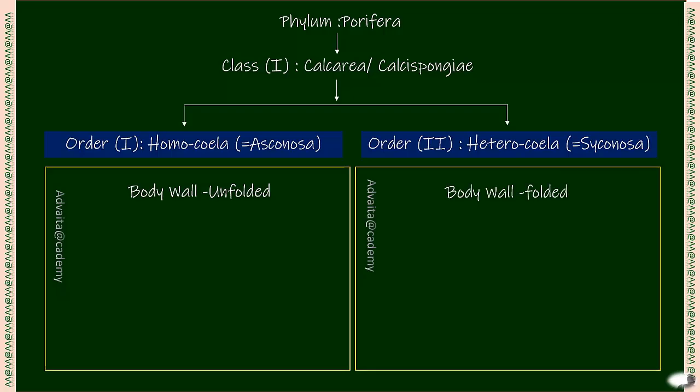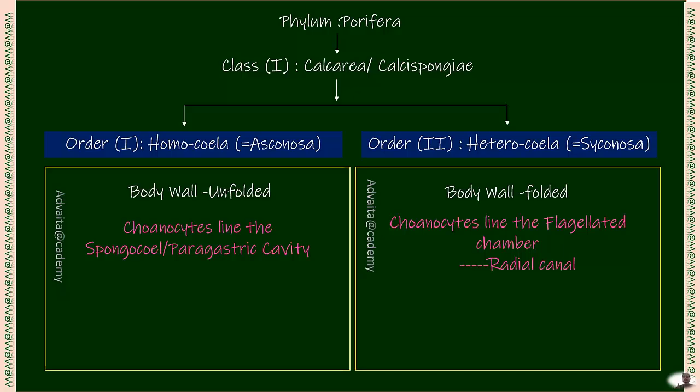Now come to the distribution of choanocytes. The choanocytes line the spongocoel cavity. The entire spongocoel cavity is lined by choanocytes. But in case of Heterocoela, since the body wall is folded, there is formation of canals.